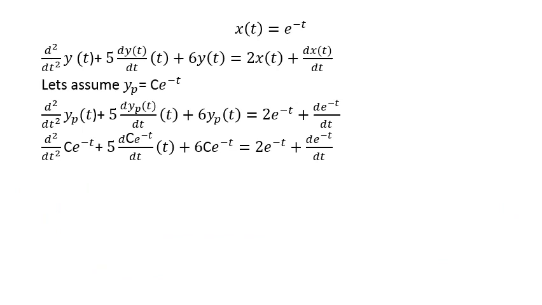So let's consider one more example. Here we are given the input x(t) equal to e power minus t, and the given system is the double derivative of y(t) plus 5 times the single derivative of y(t), plus 6y(t), which is equal to 2x(t) plus dx/dt.